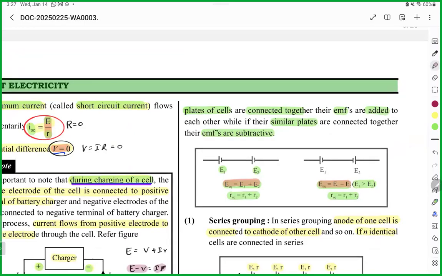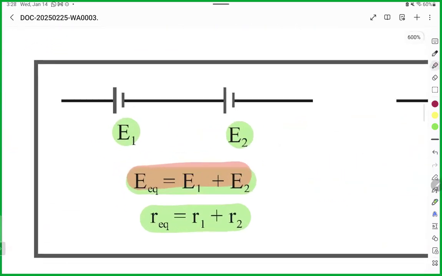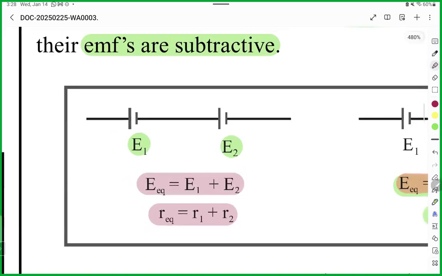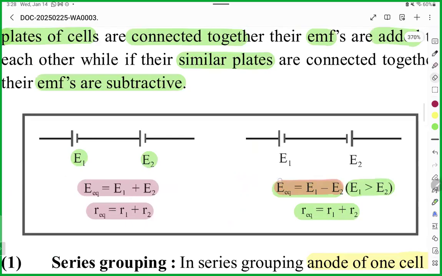Example. Here, both cells are connected in the same manner. So you can see here EMF is added and resistance is added. No issue with this. Now compare this with the other side. Here both are on opposite sides. If one is positive, see the opposite side.